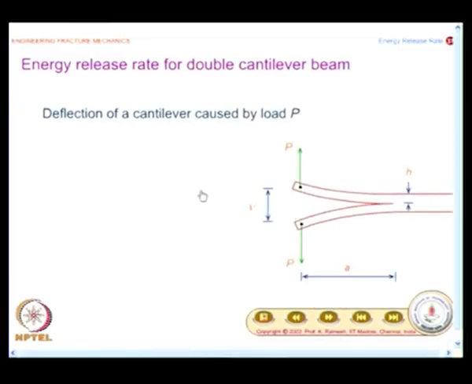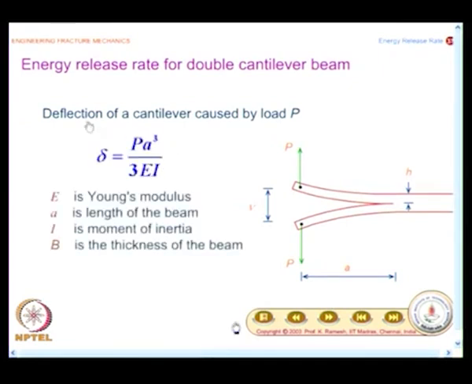Now, what we will do is, we will try to evaluate the energy release rate for two examples. First, we will take up the problem of a double cantilever beam, and this is also known as, in fracture mechanics literature, DCB specimen.